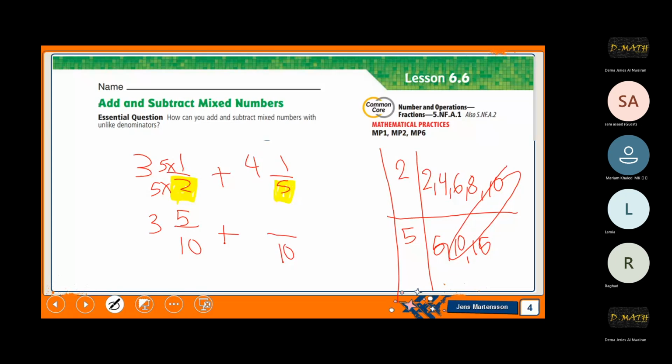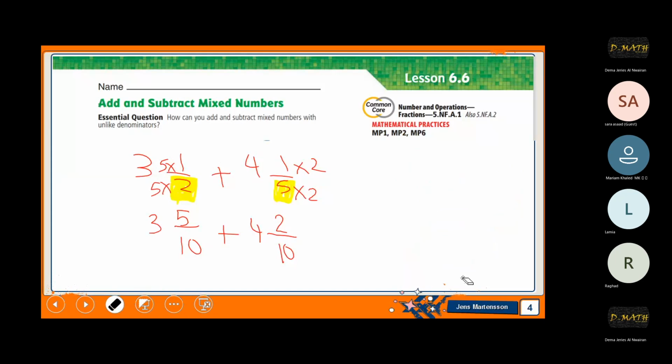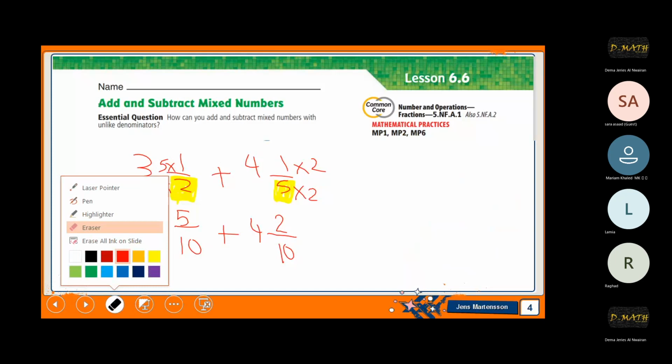What is the number that I multiply by 5 to get 10? 2. Up 2. So it comes down like this. Do you now have the same denominator? Yes. So since we have the same denominator now, we can add them.